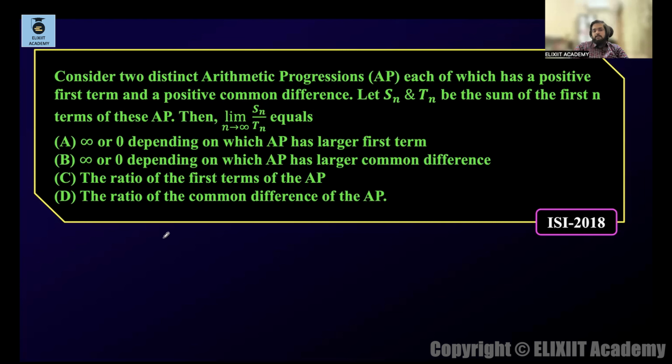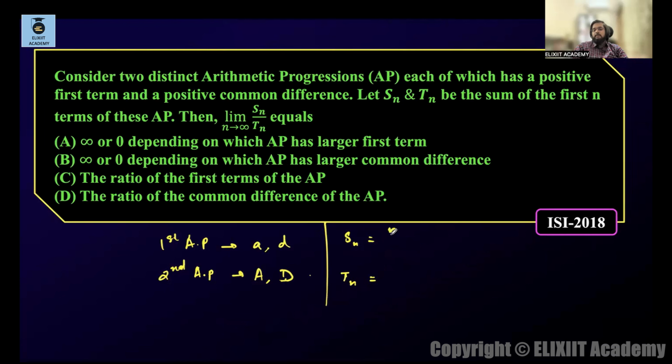Since both APs have a positive first term and positive common difference, for the first AP I consider the first term to be A and the common difference D. Similarly for the second AP, I consider the first term to be capital A and the common difference capital D. Both have n terms.